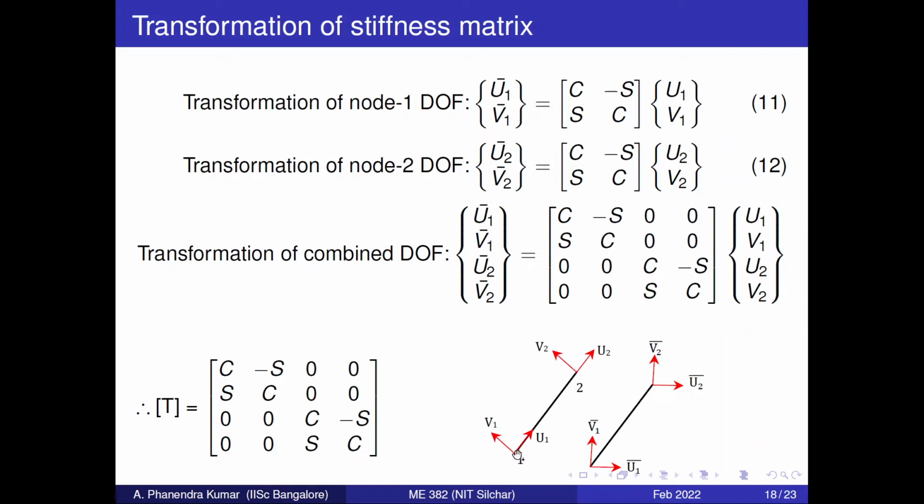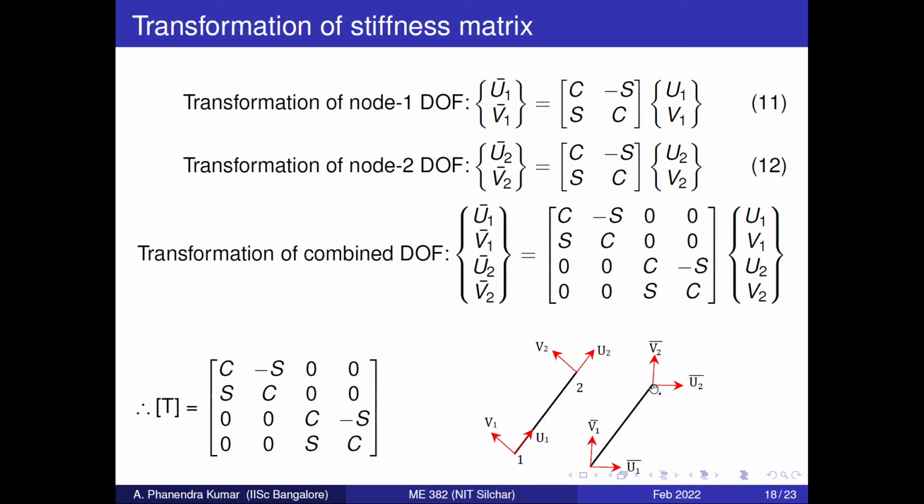For node 1, this is the displacement in the x direction, u1, and in the y direction, v1. For node 2, this is the displacement in the x direction, u2, and in the y direction, v2. These are the local coordinate systems for the considered inclined member of a truss.